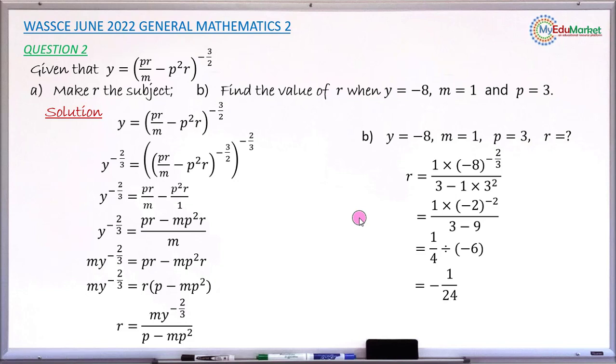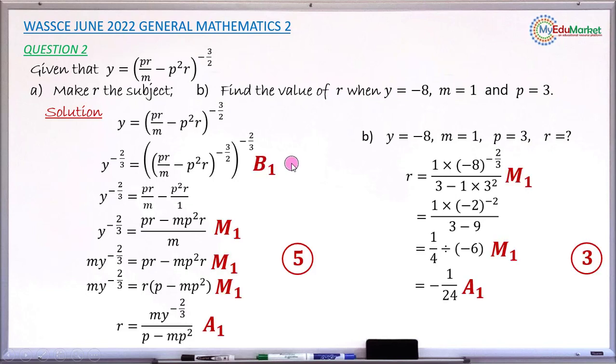Let me share with you quickly how this question is marked. The very first mark is the bonus 1 mark, which you get when you raise both sides of the equation to the power of minus 2 over 3, that is the reciprocal of 3 over 2, in an attempt to make this power 1. When you continue to simplify up to the level where you perform this subtraction, you have a method 1 mark.